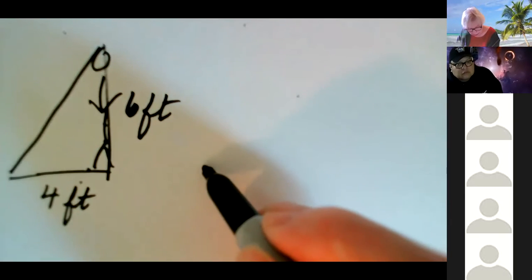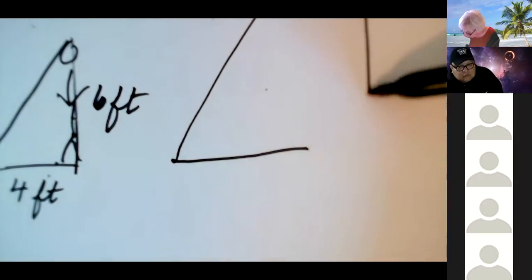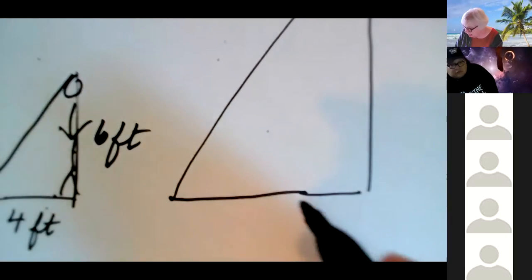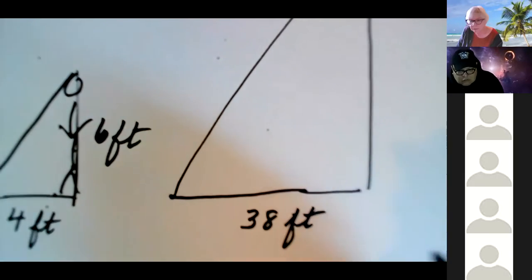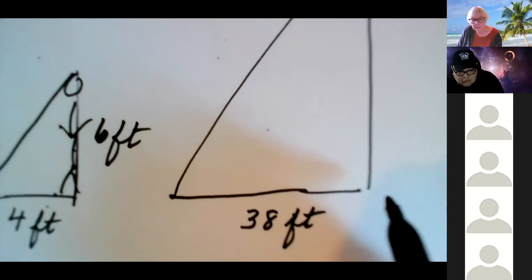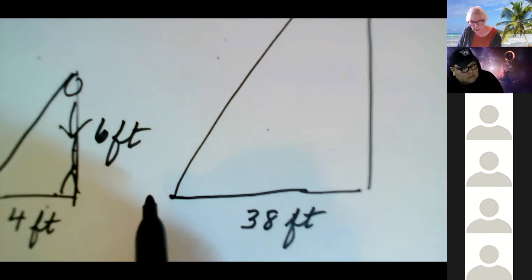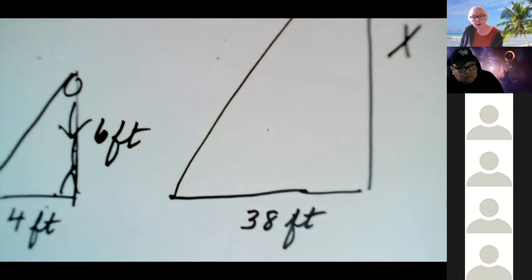Now, at the exact same time of day, there's this big, huge tree. Okay. Now, this shadow can also be measured because it's the same time of day. You measure the shadow. What we really want to know is how tall is the tree? And we don't feel like climbing. What do you say?